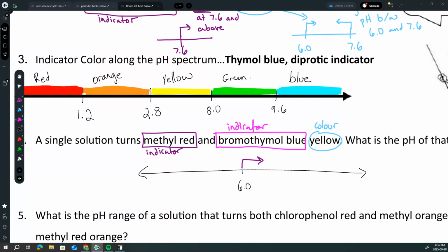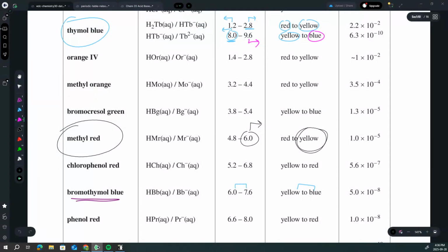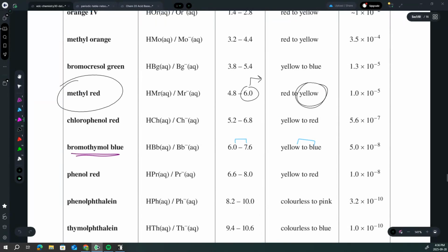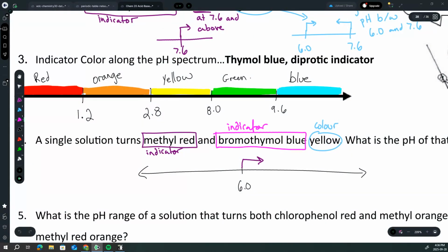So when is bromothymol blue yellow? So let's find out. So bromothymol blue is right here, and it is yellow at 6 and below. So let's write that down. Okay, so essentially you're just looking for either where there is overlap or where two arrows, the closest two arrows are pointing towards each other.